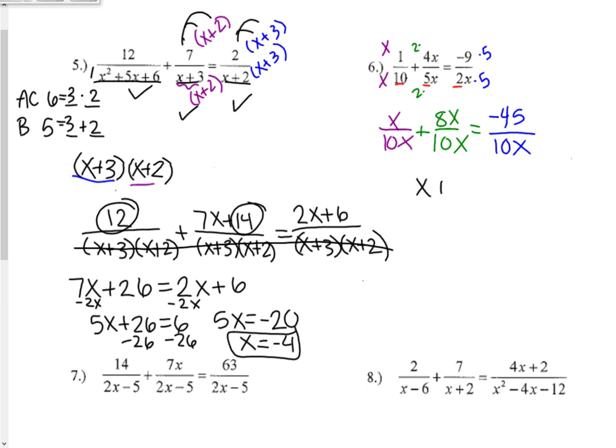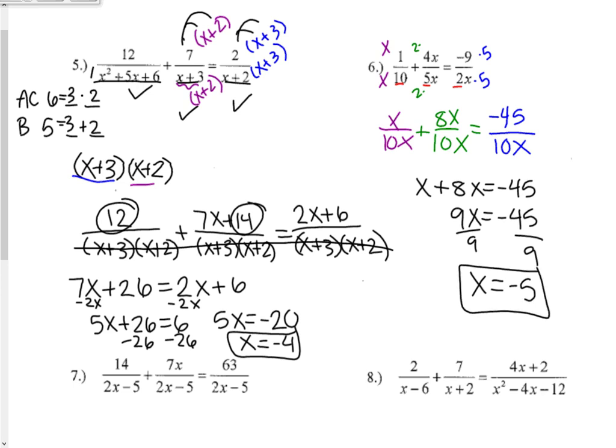I have x plus 8x equals a negative 45. So 9x equals a negative 45. And dividing by 9, x equals negative 5. Again, when I plug those into my denominator, I'm not going to get 0, so it's not an extraneous solution.